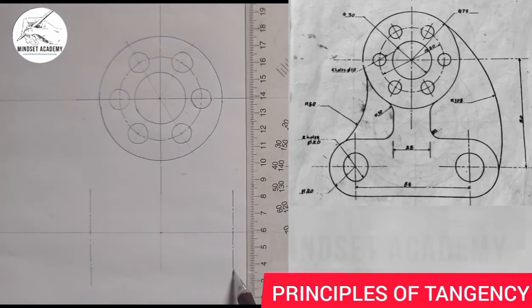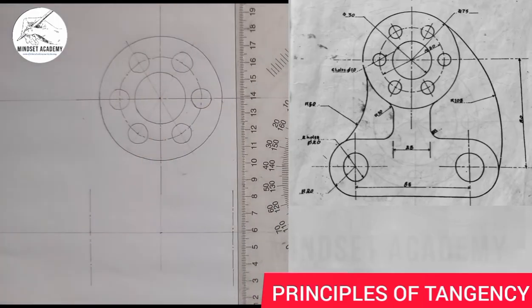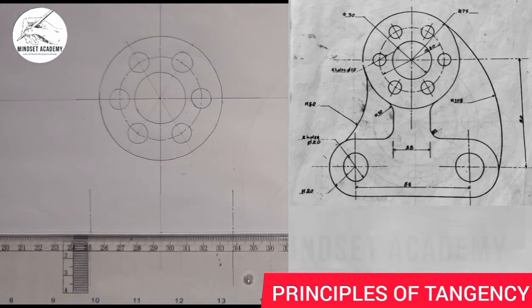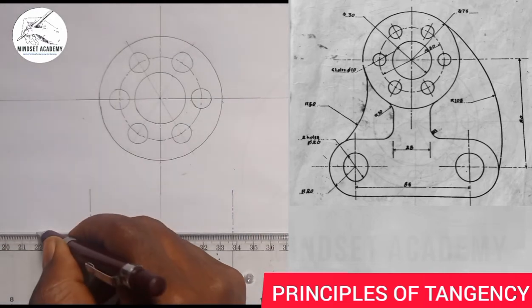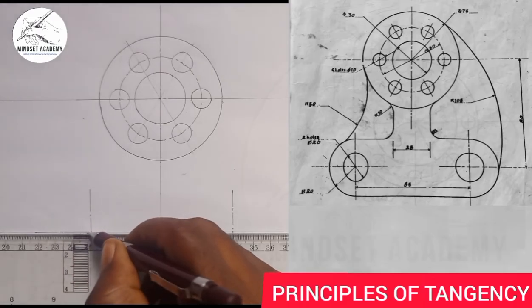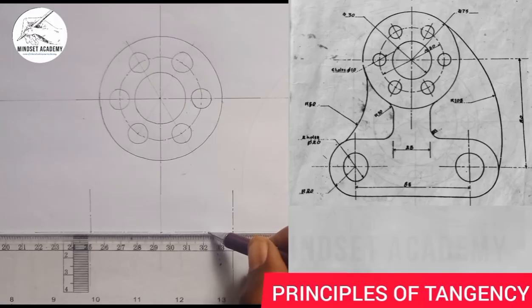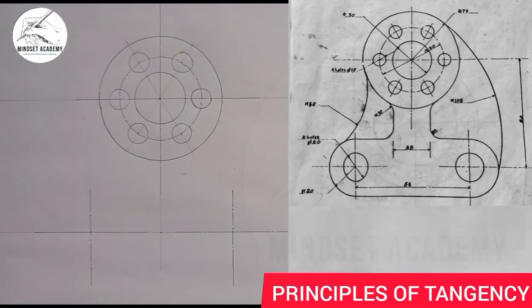So let's extend this a little bit. Now, similarly, I'll do here also this way too. Hope you can see that. So that's the two centers of the circle.